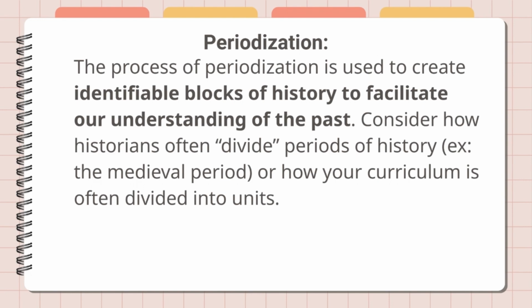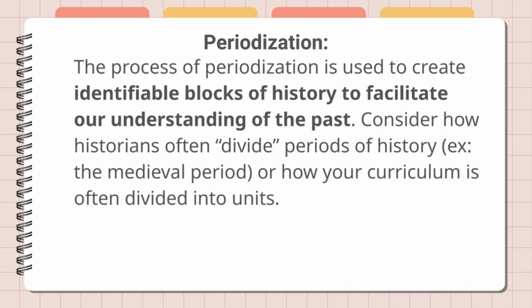So we have a couple other things that you'll need to be able to do for this course, and it's going to start today. You have periodization, which is the process of creating identifiable blocks of history to facilitate your understanding of the past. Kind of like we break it down into the medieval period, and you have the Renaissance, and then you have the Age of Revolutions.